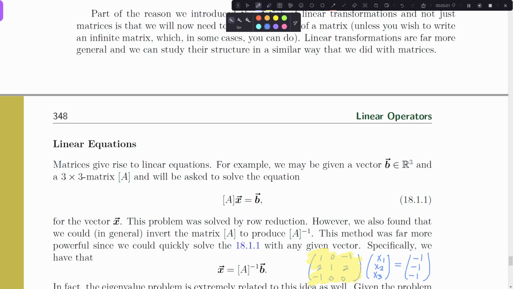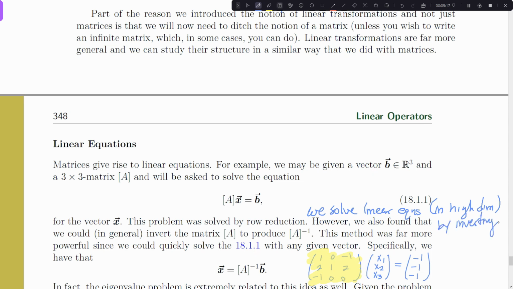So we solve linear equations, and in this case in high dimension, by inverting the linear map, which in this case was A. We invert the linear map A and multiply both sides by it.